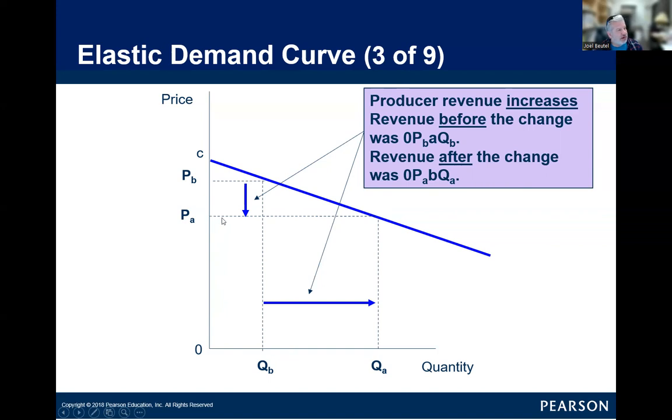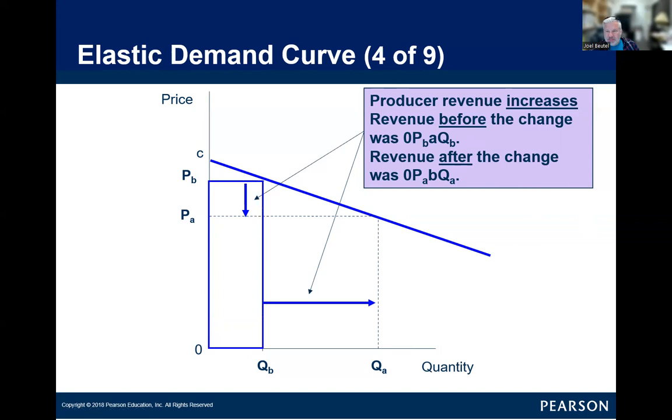When we lower the price, we give up some price, but we get a whole bunch of quantity. And so we can see for an elastic demand curve, the revenue is higher after the price changes than before the price changes, right? The area from PA to the blue line down to QA and 0, that big square rectangle area, is much larger than the area of the taller rectangle, right?